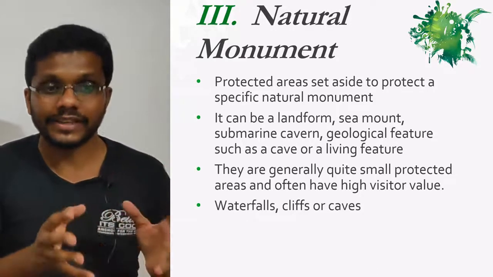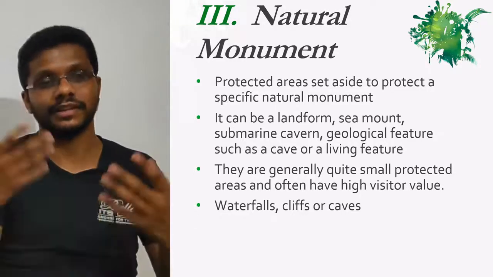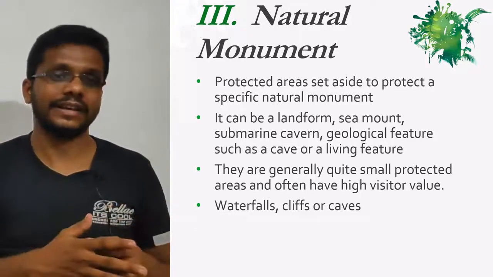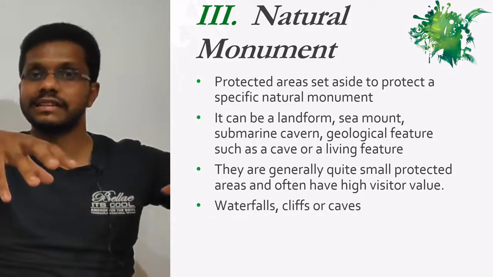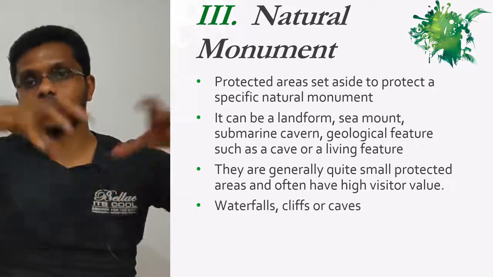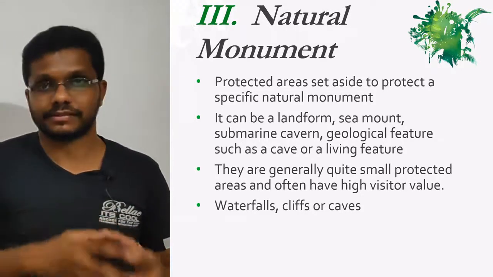They are generally quite small protected areas and often have high visitor value. People will be happy to go there, like the waterfalls, cliffs, or caves. Many people are visiting there, but they are still protected areas. Commercial buildings and everything will be restricted.